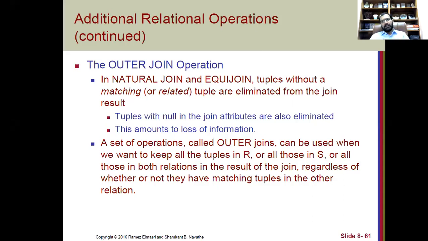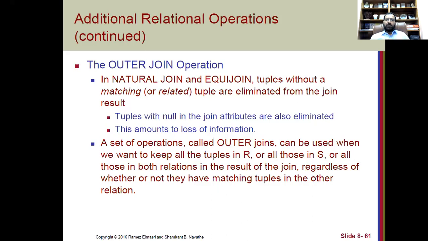In other words, that information is not represented in the output. So we refer to it as the loss of information. So the outer join is one of the solutions. If you think that information is also required in your case, then you can use the outer join operator.